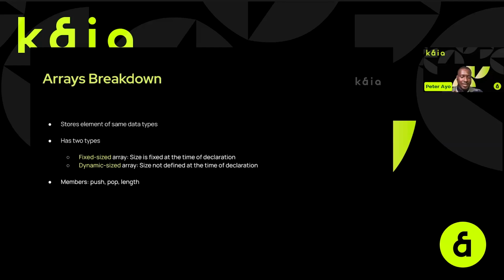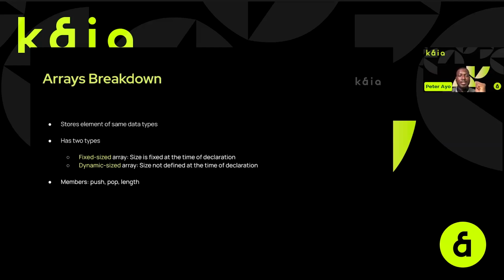So when it comes to arrays, especially in Solidity, there are two types: a fixed size array and a dynamic size array. Now, what is the difference between a fixed size array and a dynamic size array? A fixed size array has a fixed length at the time of declaration, while a dynamic size array doesn't have a fixed length at the time of declaration.